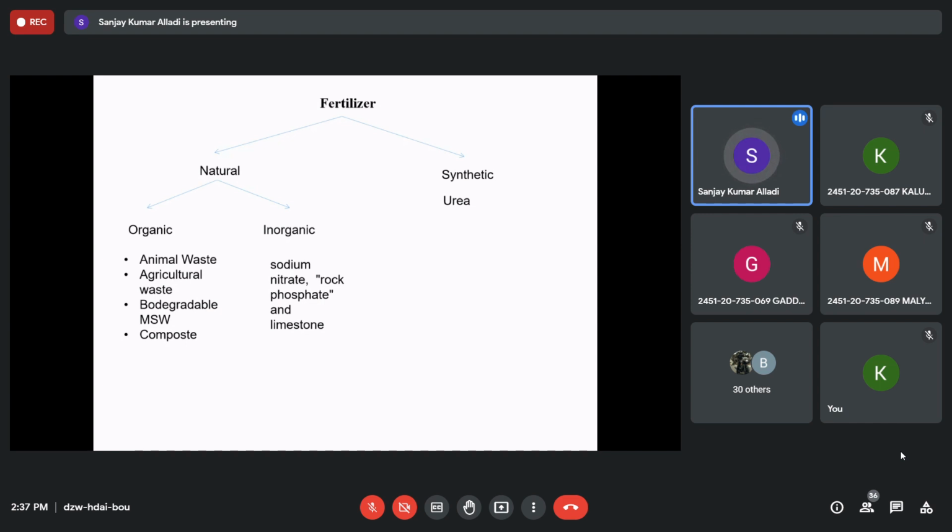Okay, just now I said, when we continuously put this urea to the soil, will there be any life in the soil? That is, will microorganisms and other insects survive? No, definitely not. Why? Because when we are putting this urea, no organic material is added.